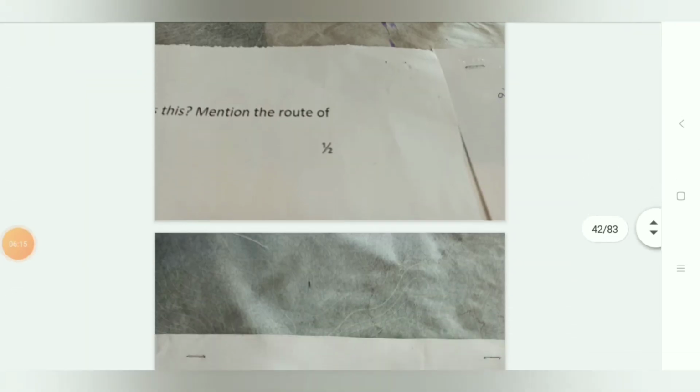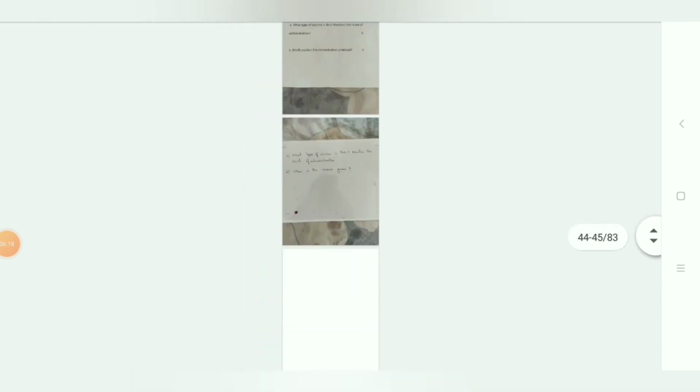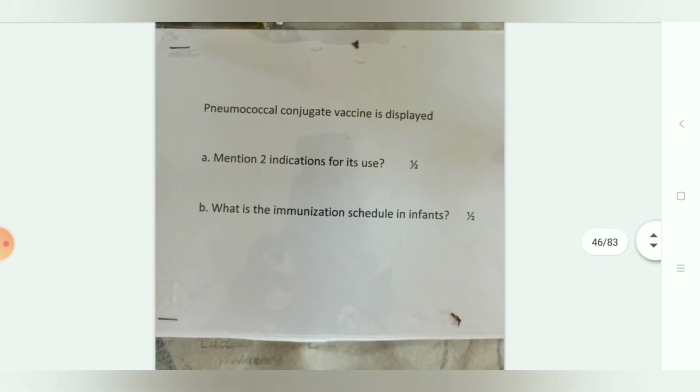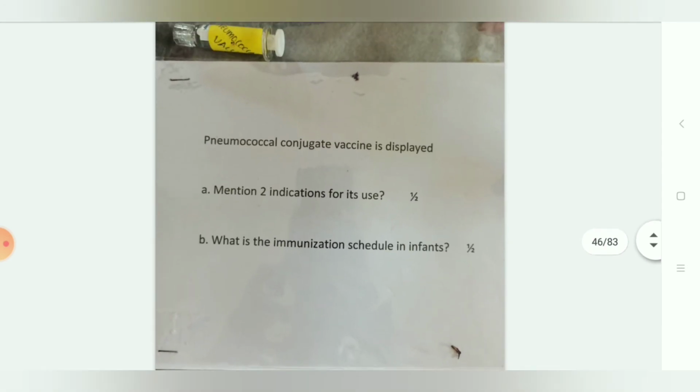So the next slide has questions related to vaccines. Pneumococcal conjugate vaccine is displayed. Mention two indications for its use. It is used in immunocompetent persons with conditions like chronic alcoholism and smoking, and in immunocompromised ones like HIV.